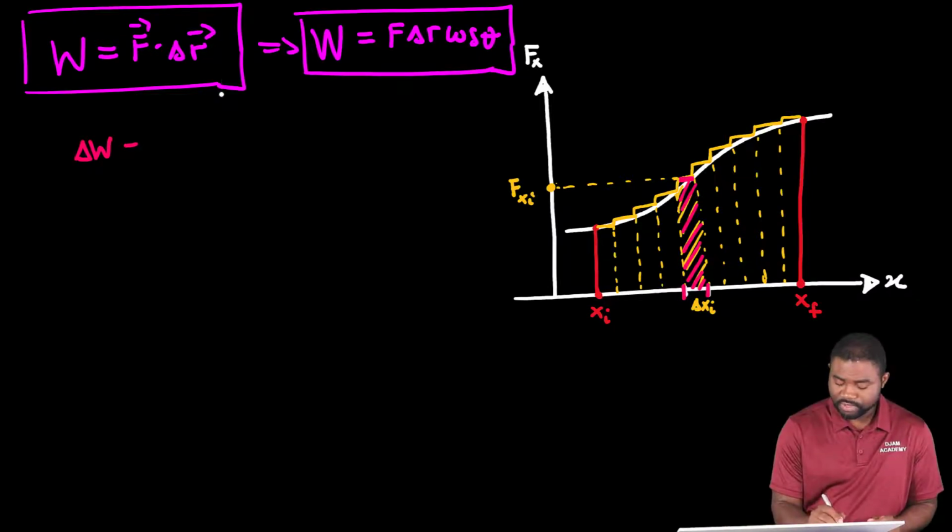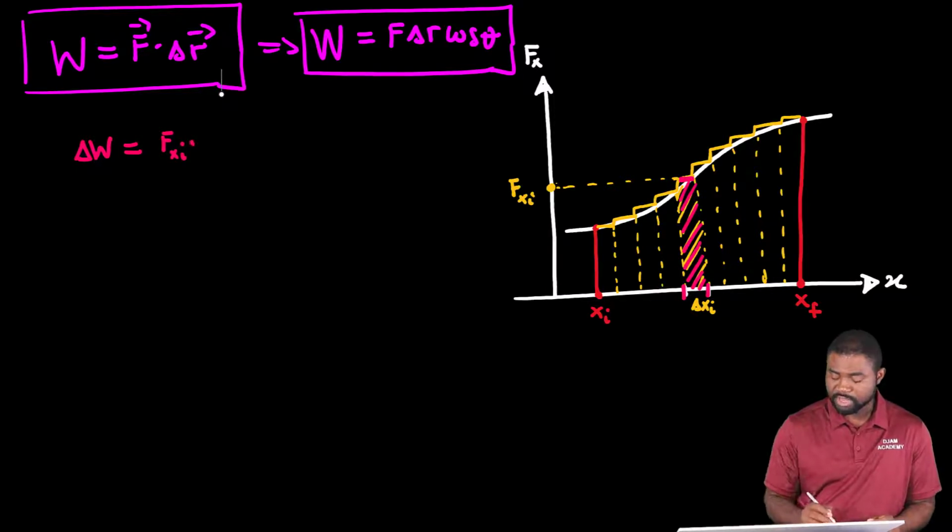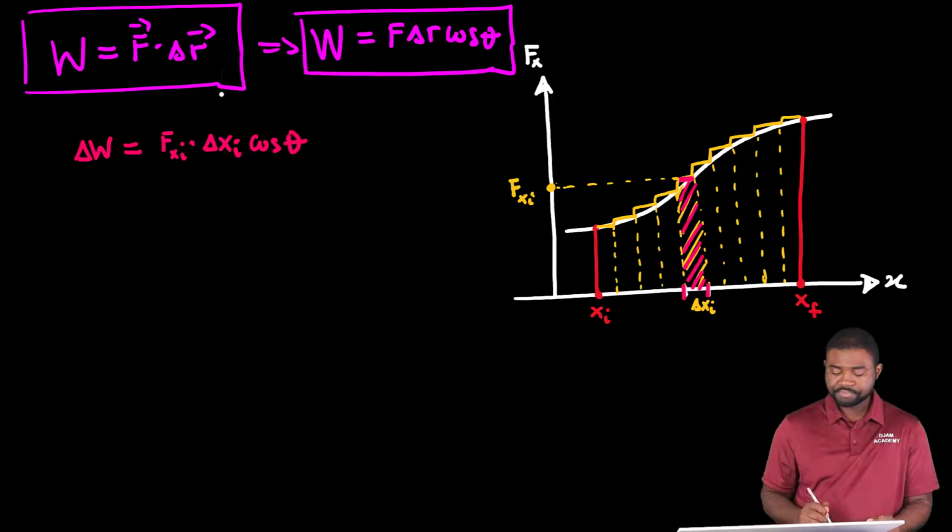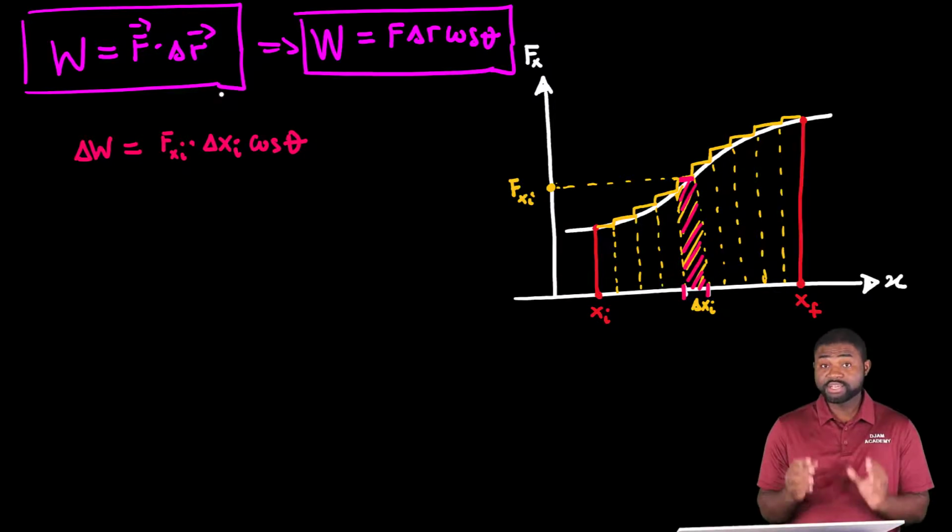So this is going to be equal to F of xi multiplied by delta xi cosine of theta. Remember that delta xi is so small that the force within that increment is presumably constant.